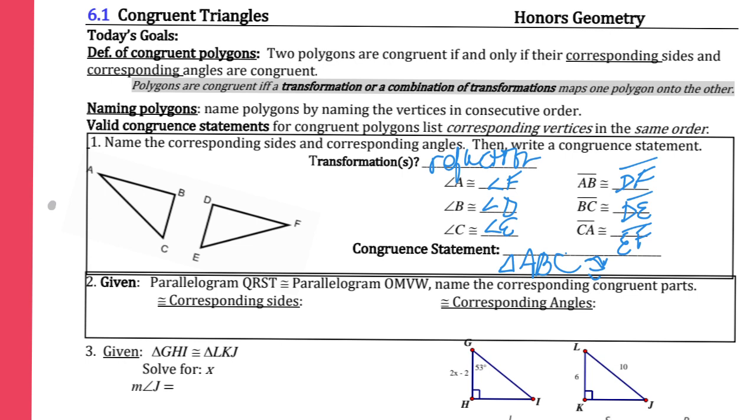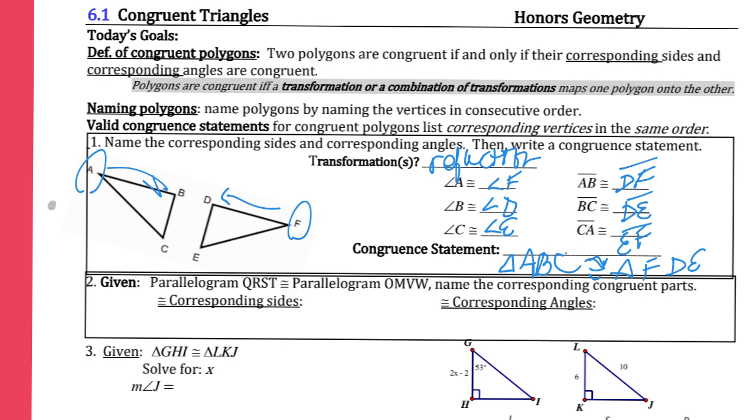A is that small one, and it corresponds with F, and it goes to B, so you go F, D, and then E. So you write triangle FDE. It's a little tricky to do sometimes, but we're going to do some proofs in this chapter, and it's important to be able to say what have I proven to be congruent?